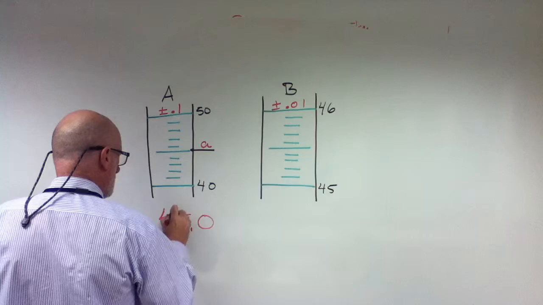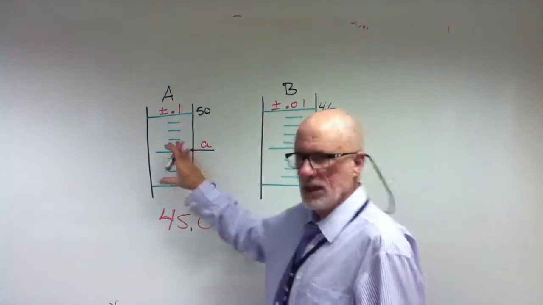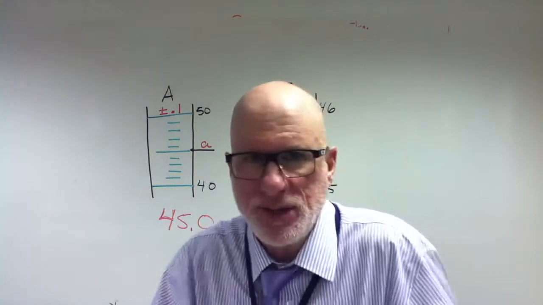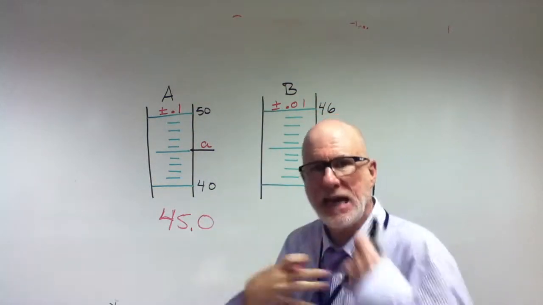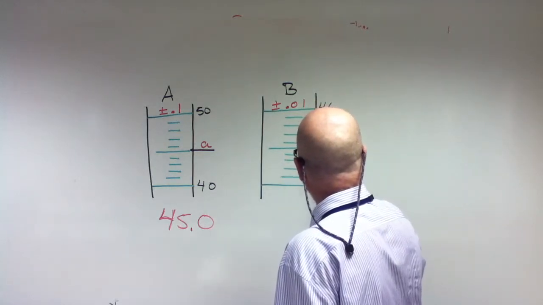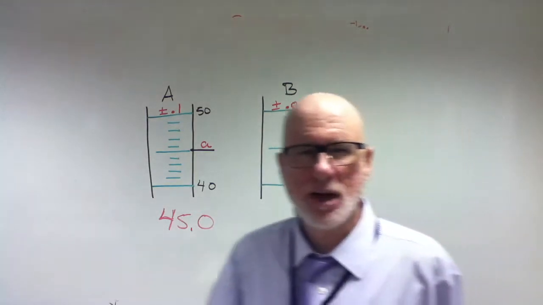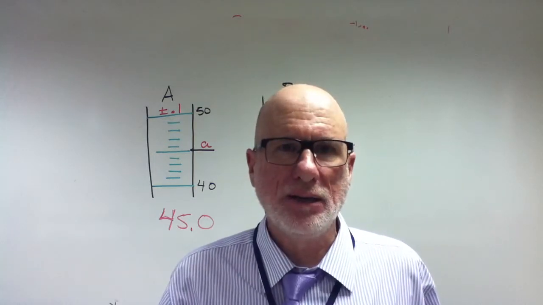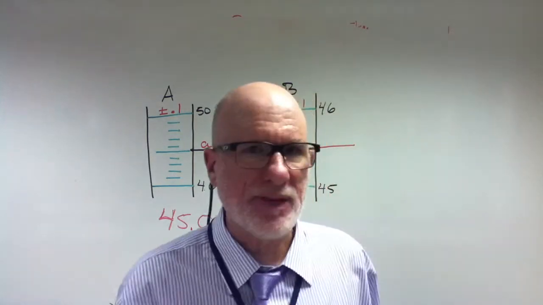So this measurement is going to be 45.0. That's the measurement. Now, we're going to take the same exact material. You have to do this with the same material. And we're going to get every bit of material out. We're going to pour it from here into here. And I'm saying that it's going to end up right there. So, what's the reading going to be? Now, when I do this, it's not something that's terribly unusual.